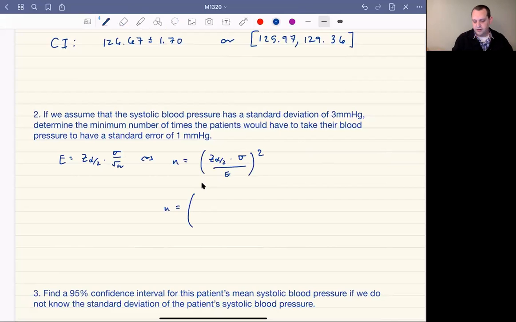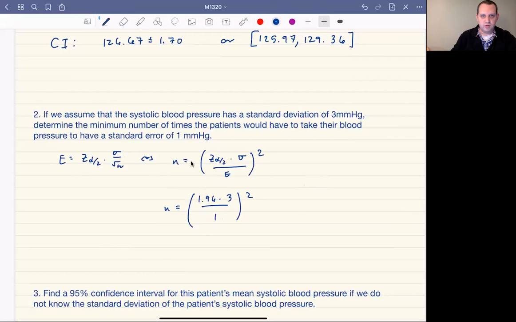let's jump over to R again. So we're going to have basically 1.96 times 3 all over 1, which is what we wanted. Okay, and then we're going to square that. Let's plug all this into R. So I'm going to do qnorm of 0.975 all times 3.